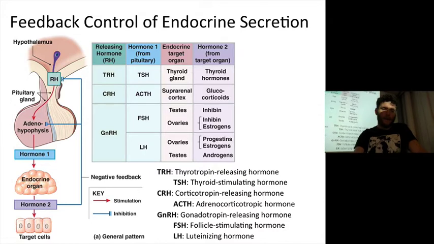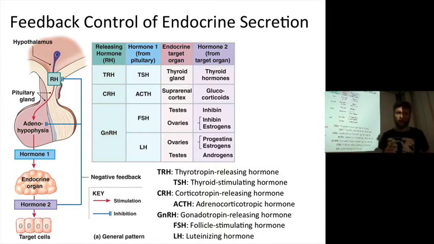All right, so any hormonal pathway that we're going to talk about is going to have some kind of feedback control mechanism. And this is just an outline of what that looks like.